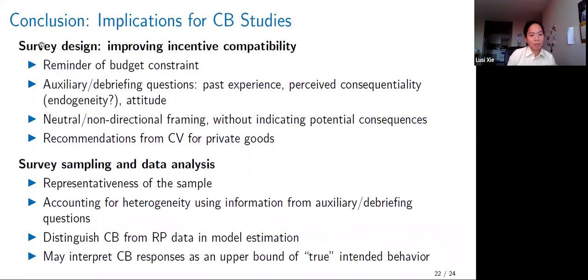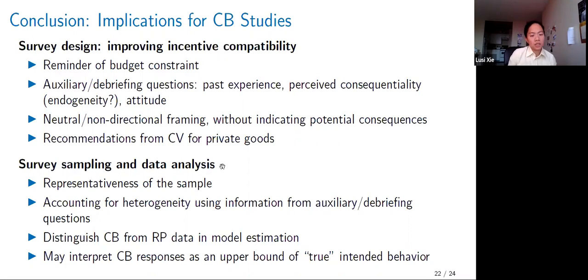All those laundry lists here are either borrowed from the recommendations for CB and CE, or have something to do with our findings, like past experience and perceived consequentiality. And again, it's better not to use the directional framing. Using neutral framing might be better.